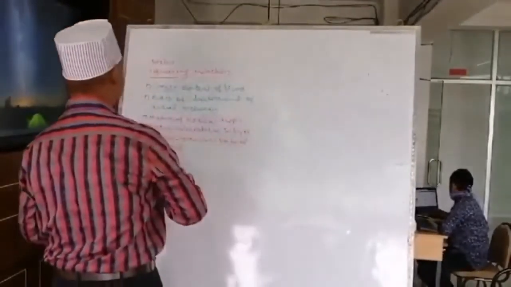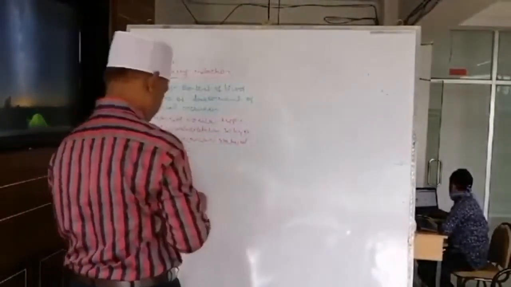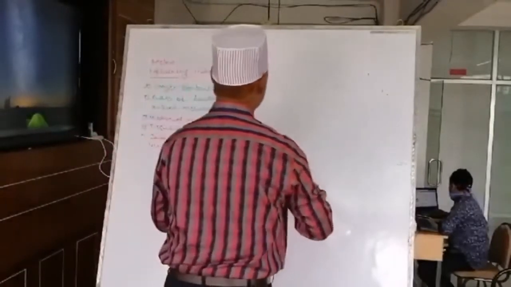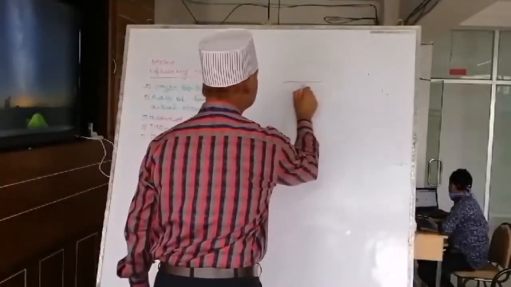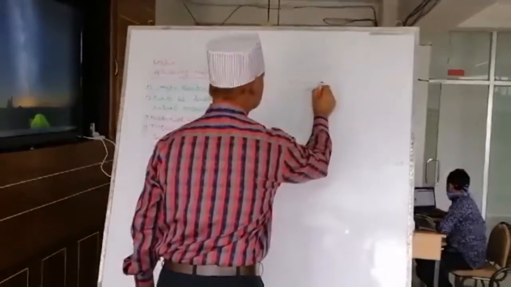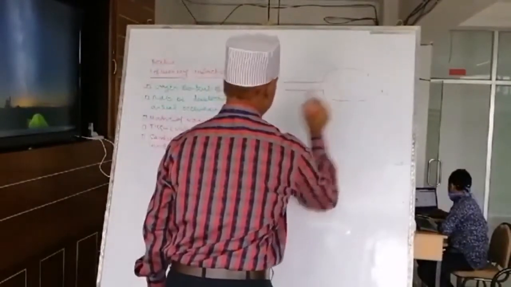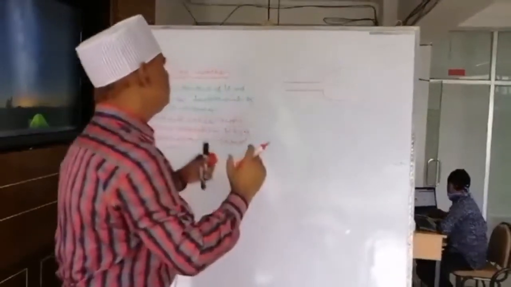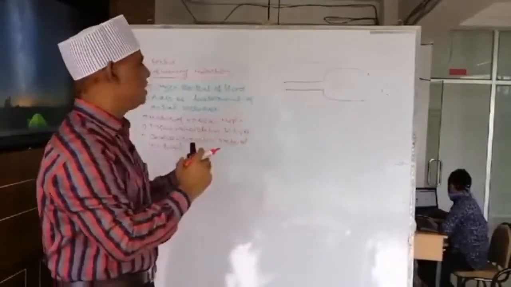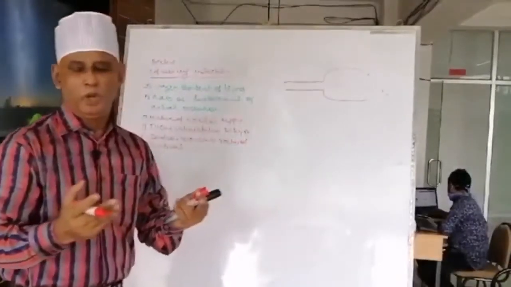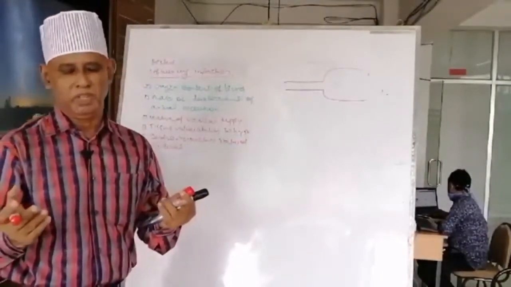Now come to rate of development of arterial occlusion. Dear audience, this is an artery, and this is a tissue supplying blood. If the arterial occlusion occurs suddenly, there will be enhancement of infarction.